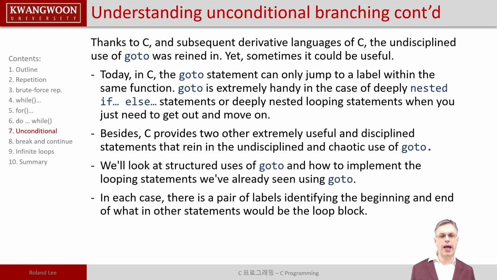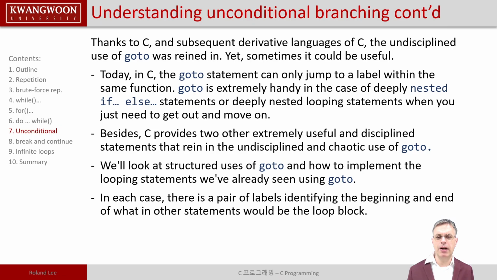It is also handy at times in high performance computing. So for those reasons alone, we consider it here. Besides, C provides two other extremely useful and disciplined statements that rein in indisciplined and chaotic use of goto, as we will see in the next section.